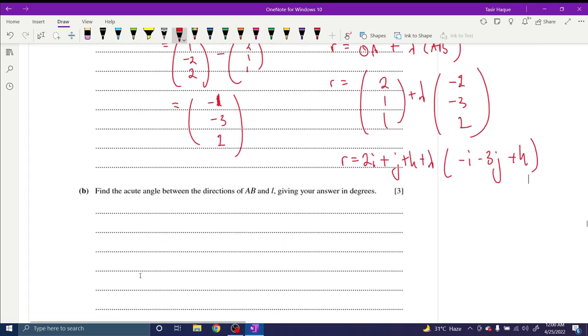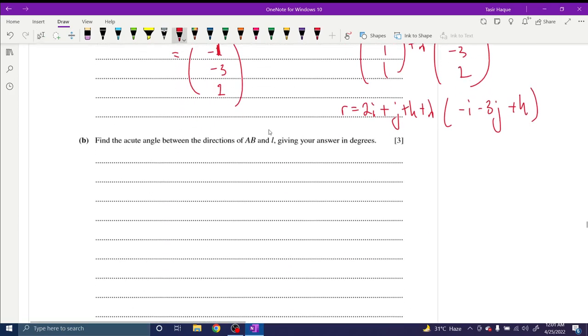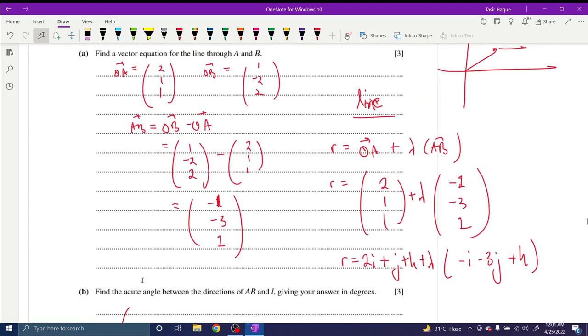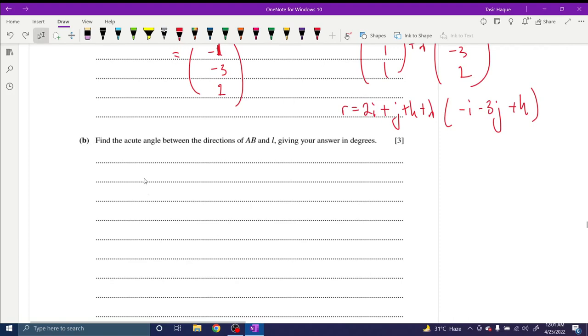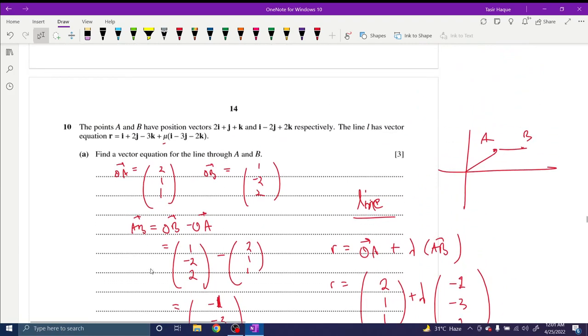Find the acute angle between the directions of AB and L, giving your answer in degrees. So let's just use the dot product, right? So what's it going to be? The direction vector of AB and L. What was that for L?